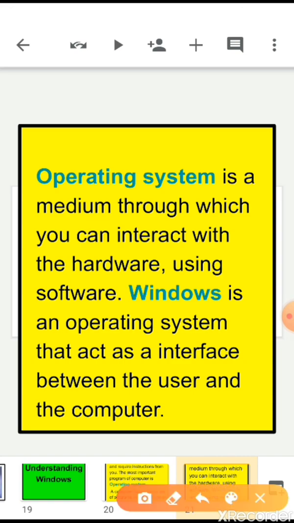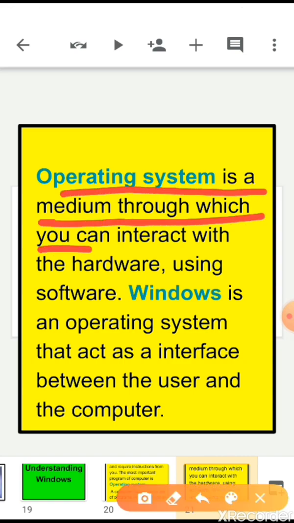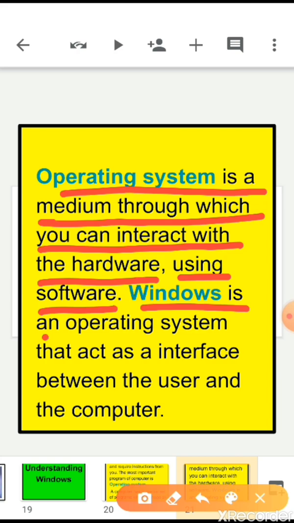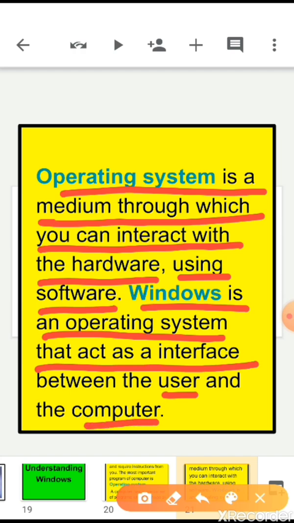Children, an operating system is a medium through which you can interact with the hardware using software. Windows is an operating system that acts as an interface between the user and the computer.